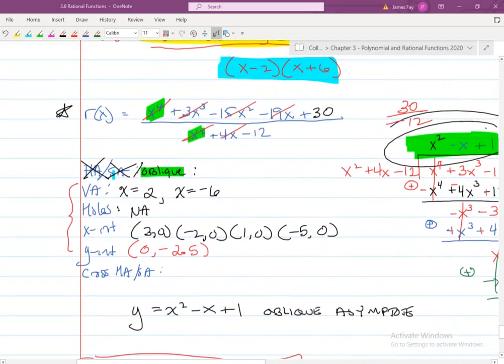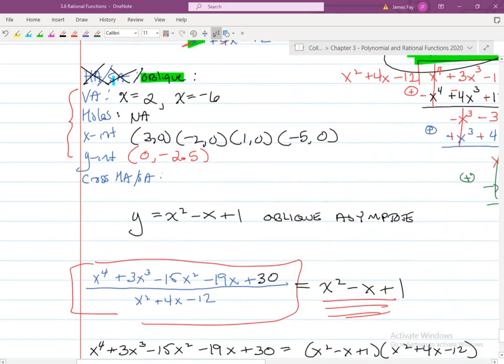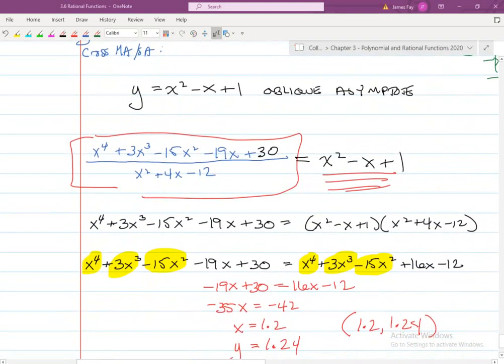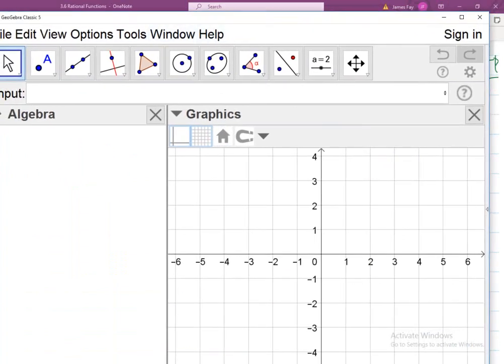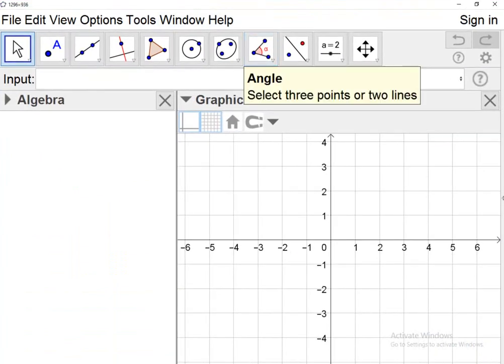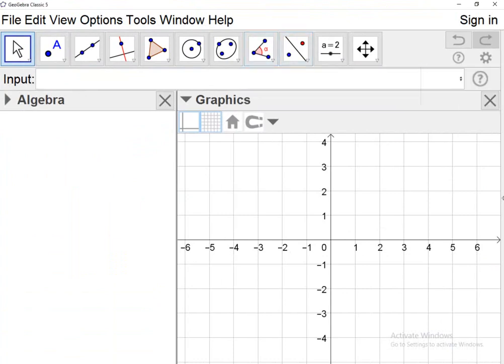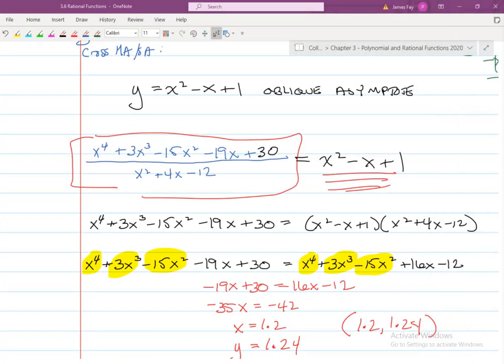I might ask you to come up with this information, but graphing it is going to be a little bit more tedious and time-consuming, using probably more test values. Calculus would be a lot more helpful here, okay? Yes? So x squared minus x plus 1 isn't the equation for the oblique, then? Yes, that's the equation for the oblique asymptote.